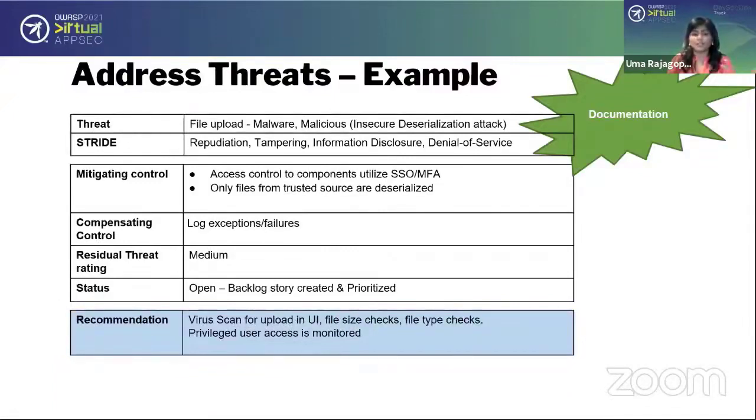You have to let your leadership know that you have this vulnerability, high or critical, and they can help you prioritize them. So the recommendations here: virus scan, obviously file size check. If you're expecting 10 gig and the file size is 100 gig, you have to make sure you have some controls to test that.